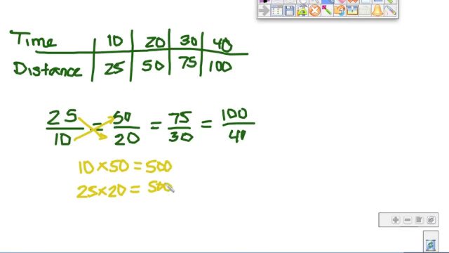Now I can stop right there, because once that happens, then I know for sure the ratio is constant. So it is constant. Okay? And that means the relationship does have a direct variation.